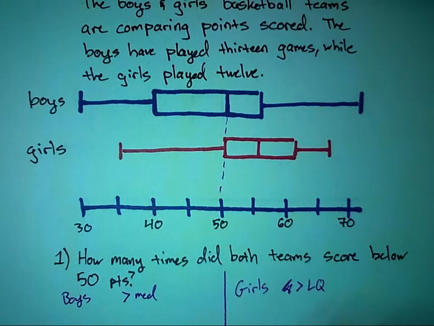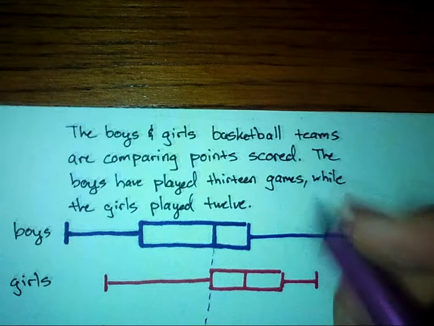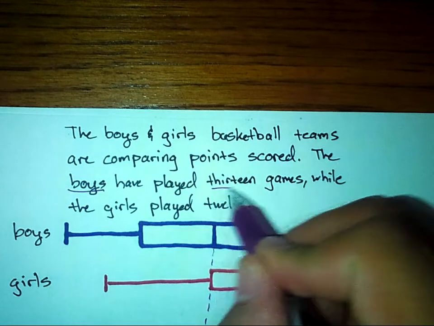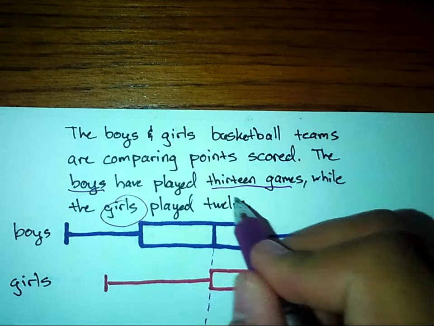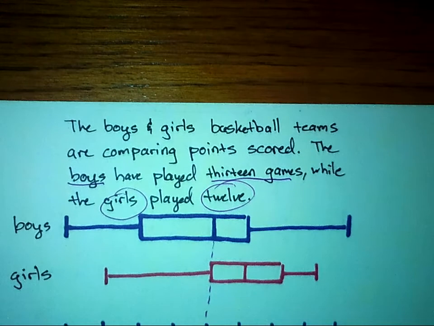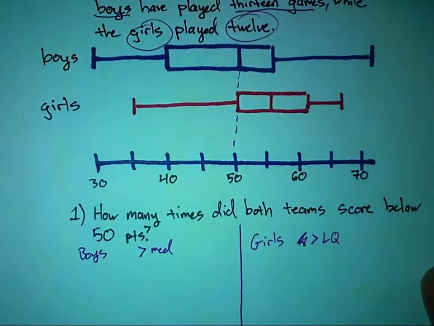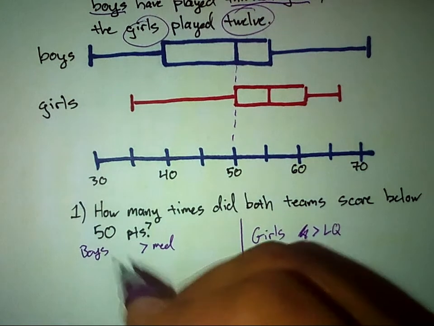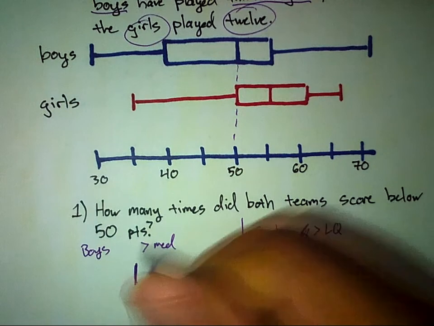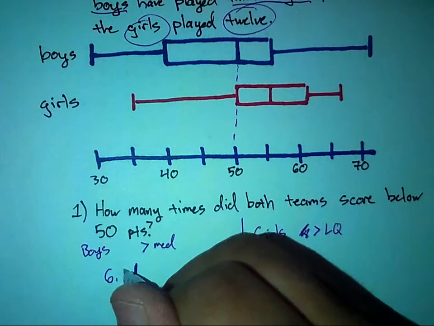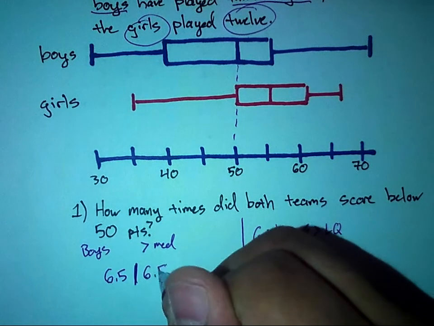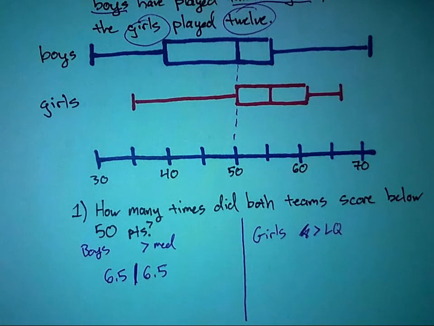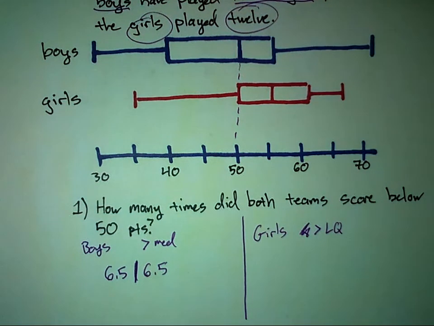Now, just to reiterate some key data, the boys played 13 games, the girls played 12. So that's going to make a big difference. Alright, let's start with the boys. We need to split the data in half. They played 13 games, so if my median's here, and cut that in half, 6.5 and 6.5. Like I said before, I've never seen a basketball game or football game or any game end halfway through.